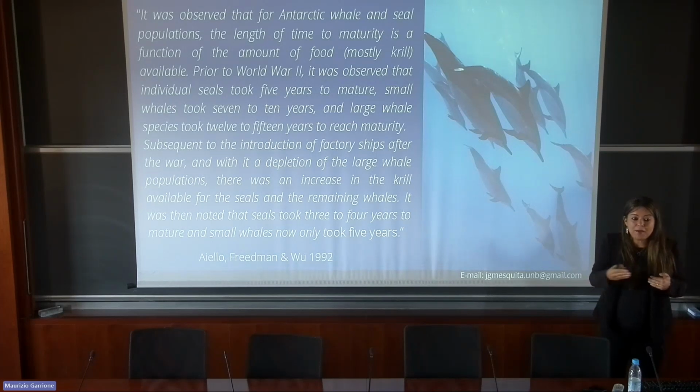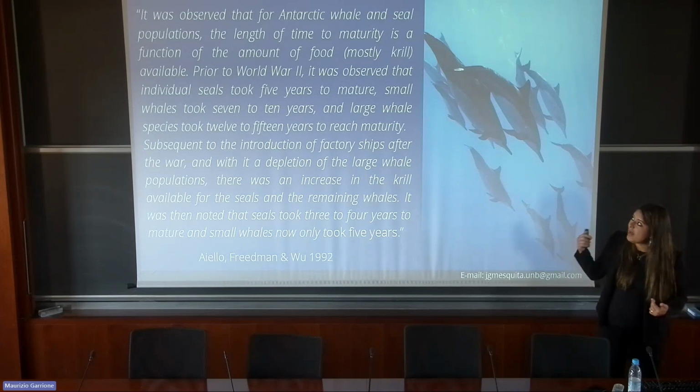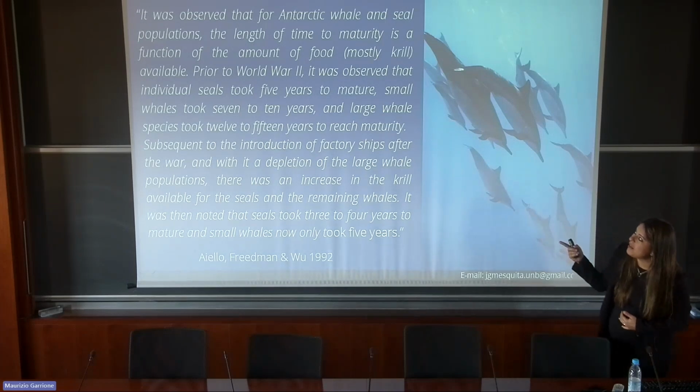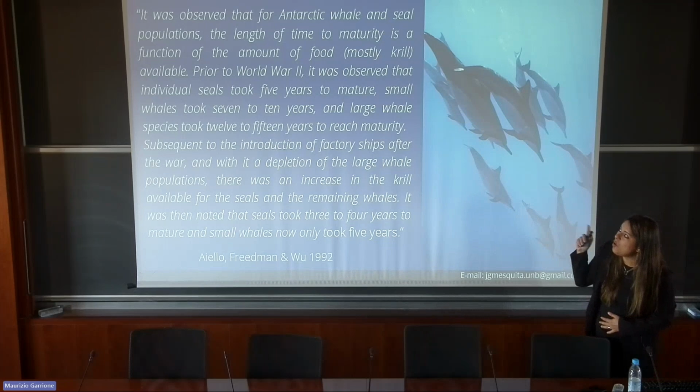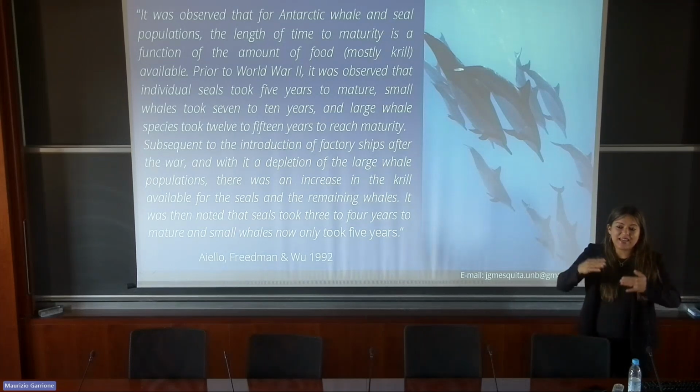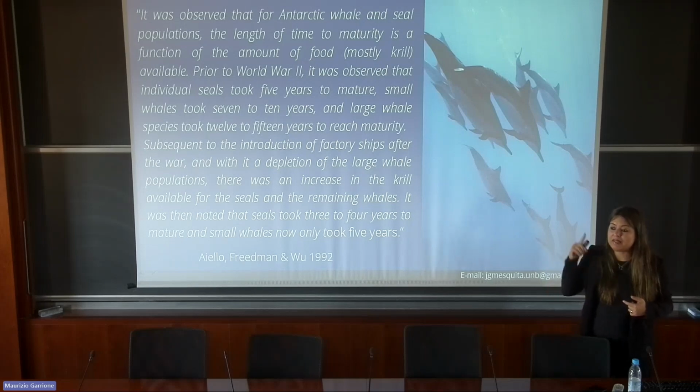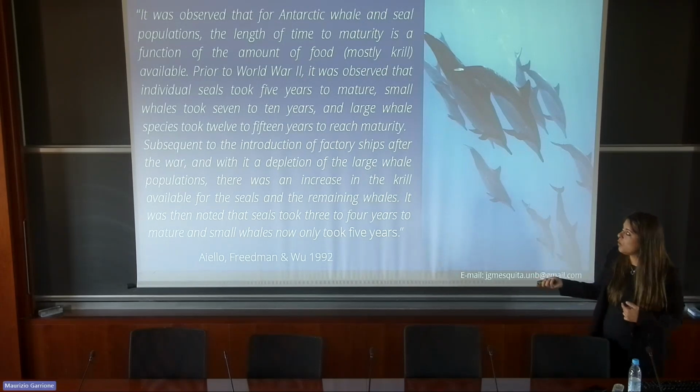So it maybe will change and will depend on other factors. And they realized this with some whale and seal populations, that this time in between could change depending, for example, on the food and other factors. And here they consider state-dependent delays in the model.